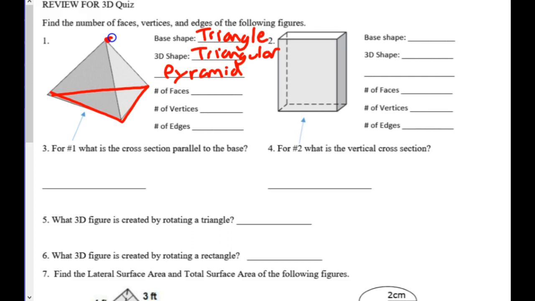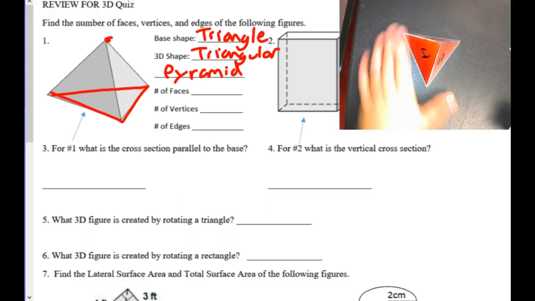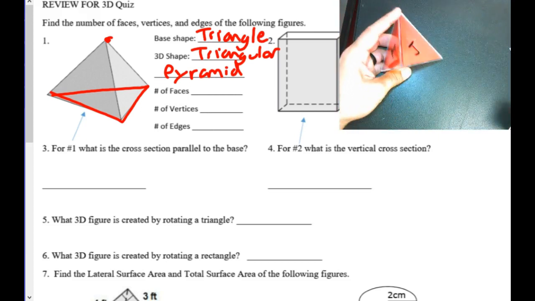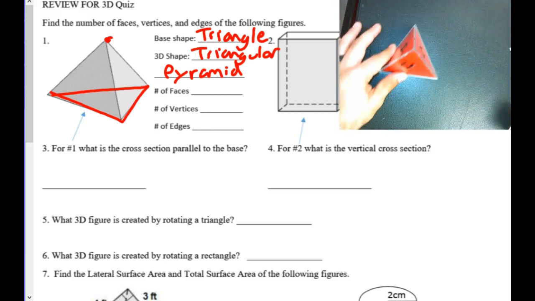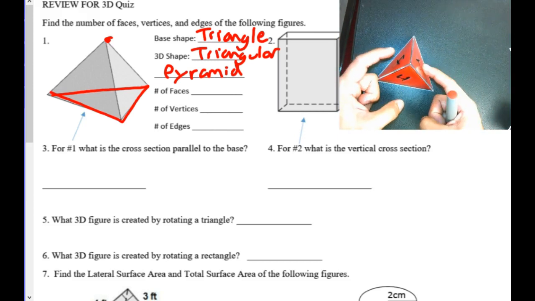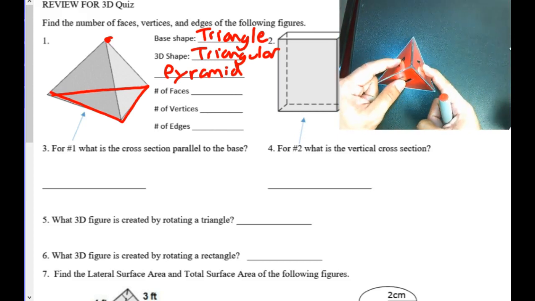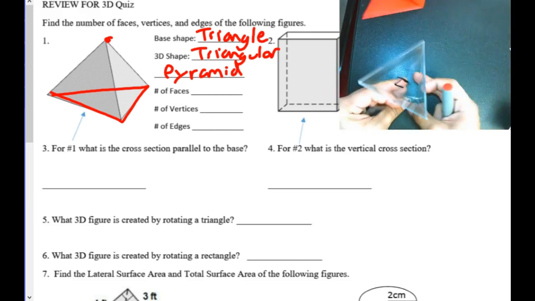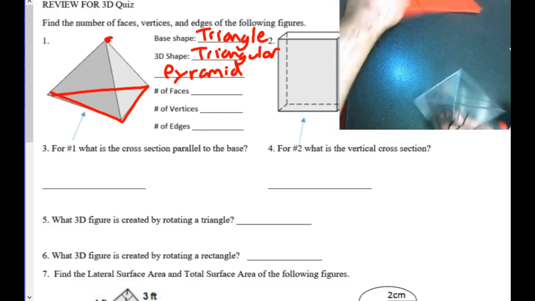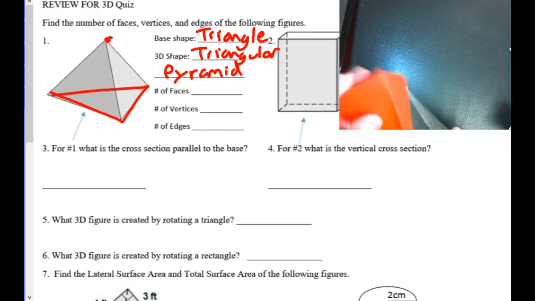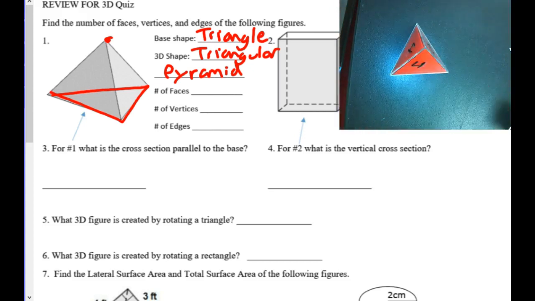What do you think? So here's a visual. Now, you're not going to get this on your test, but here's what a triangular pyramid looks like. If you're looking at it from above like this, don't you see you have 1, 2, 3 faces, and there's one on the bottom, right? So there are 4 faces.